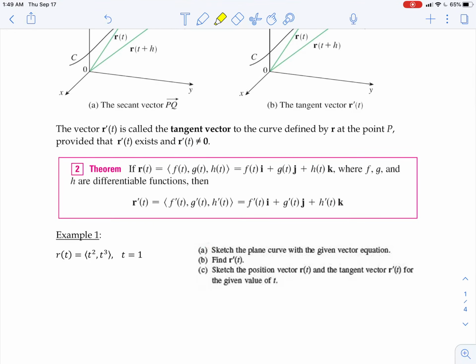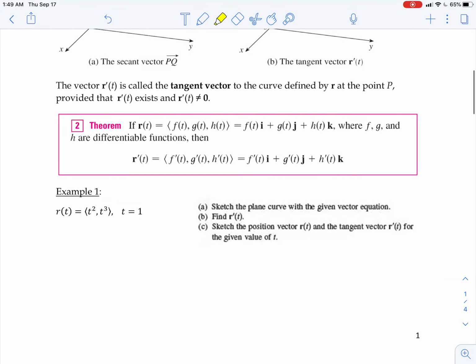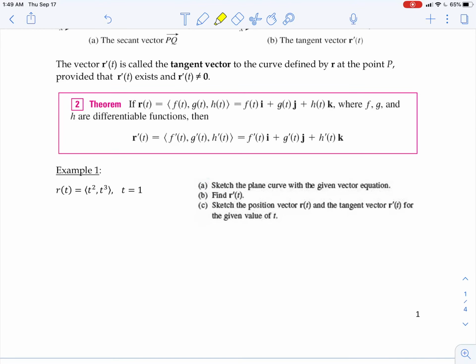So the theorem: if we have a vector function, it could be written as f of t, g of t, h of t, or in standard basis form, f of t i plus g of t j plus h of t k, where f, g, and h are differentiable functions. Then we can take the derivative of our vector function, and we'll get the tangent vector in either standard basis form or component form.